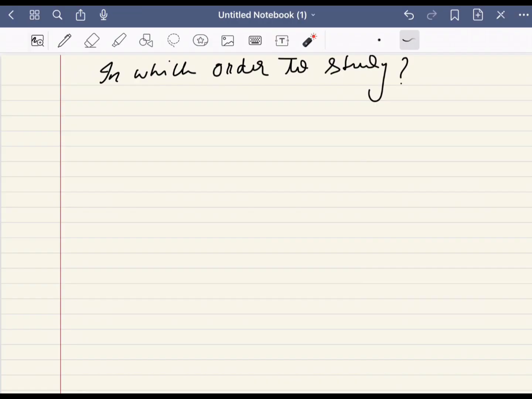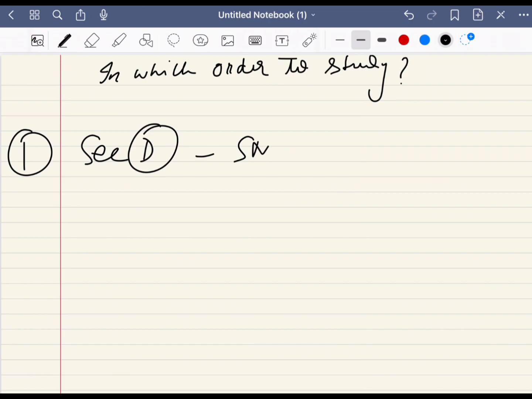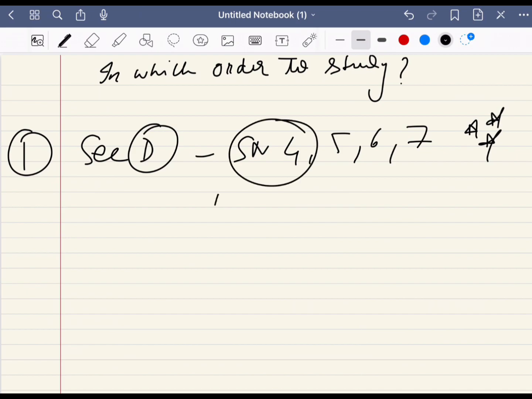Now let us know in which order we need to study this subject. The first section that you need to concentrate on is section D, which contains study note 4, 5, 6 and 7. Trust me, this section is the easiest and most scoring section in this whole subject. Study note 4 is theory, which is recent trends in financial reporting.